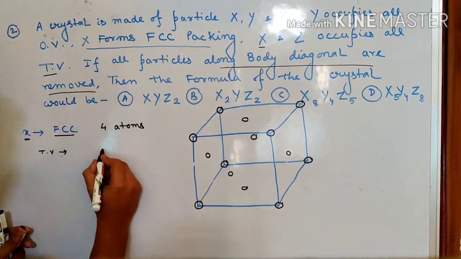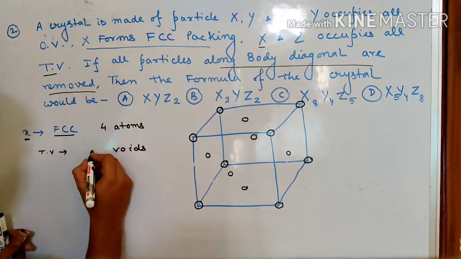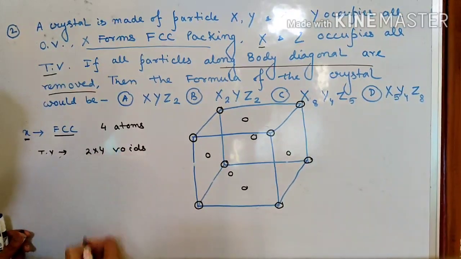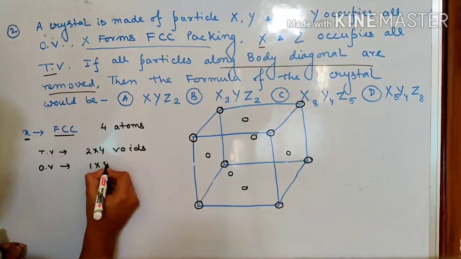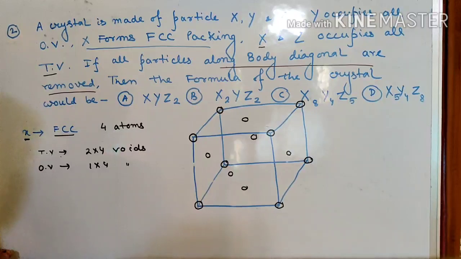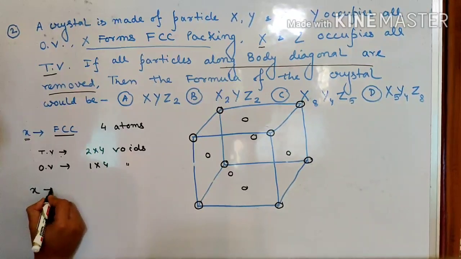So how many tetrahedral voids will be there? 2 into 4, 8 voids. And how many octahedral voids will be there? 1 into 4, that is 4 voids. Now, the contribution of X already.